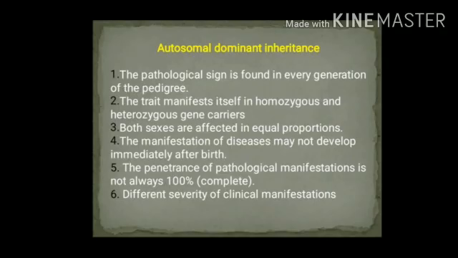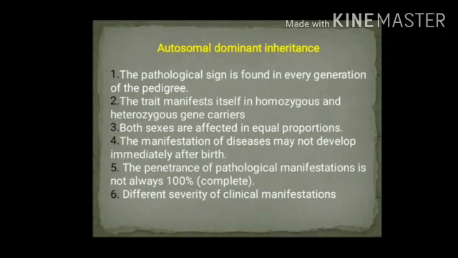The manifestation of the disease may not develop immediately after birth. The penetrance of pathological manifestation is not always 100%. This is due to the fact that heterozygotes can occur in generations without a pronounced sign of the disease.